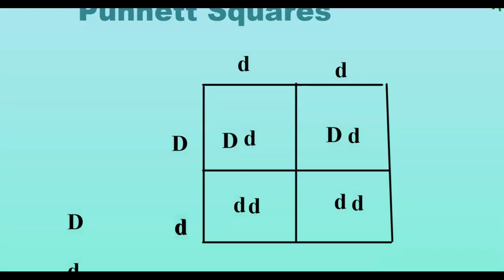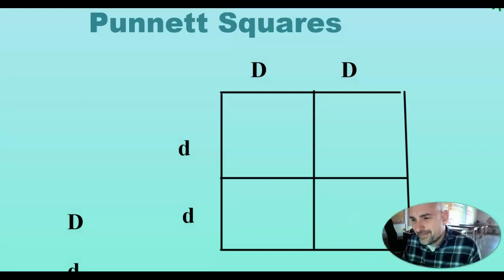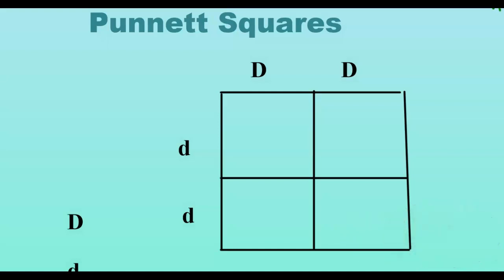All right, let's try one more. See what you can do with this one. So I'll wait and let you try to fill in, just so you know how the squares work. Okay, let's see if we can fill in.